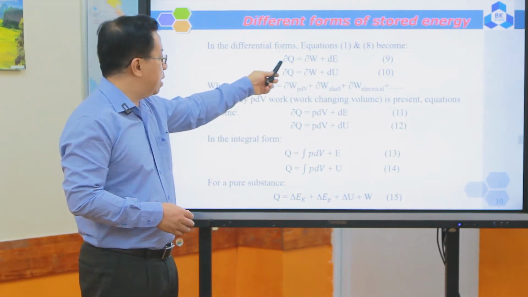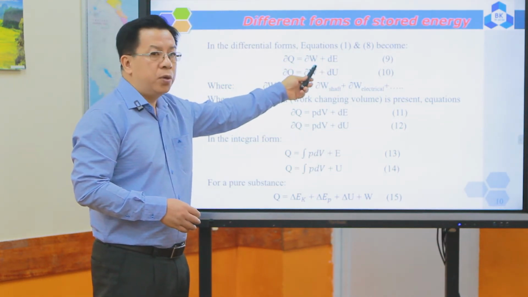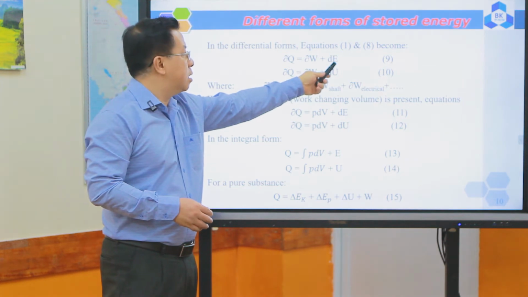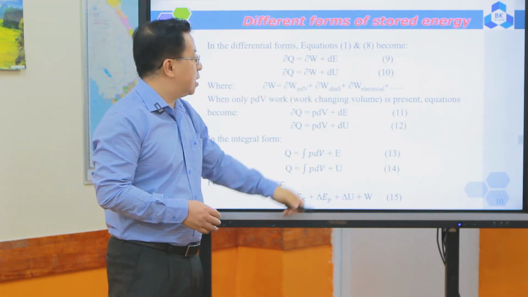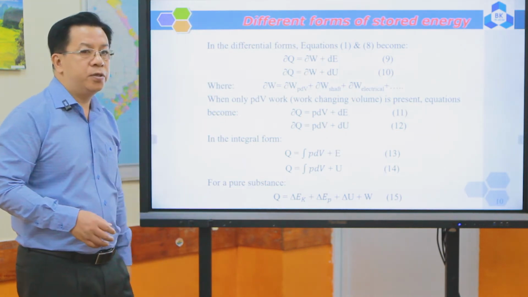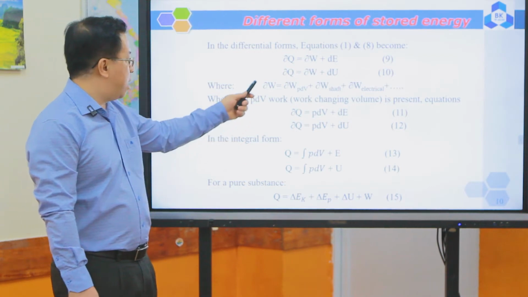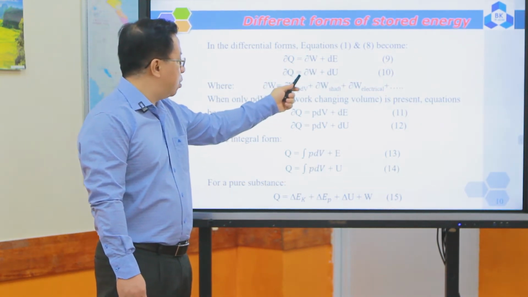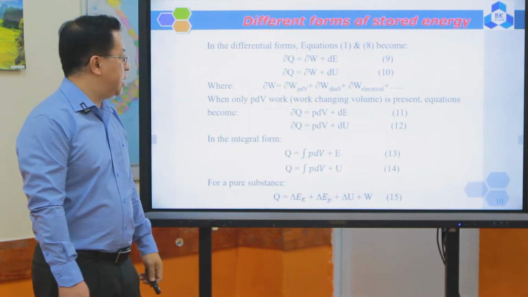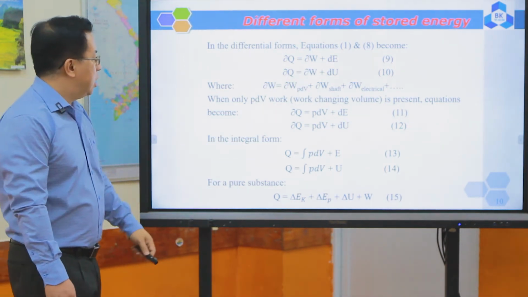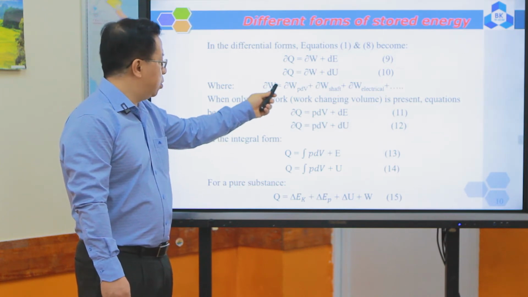So we only write delta Q and delta W, while E is a state of energy, so we write dE in the differential form. And in equation 8, we have delta Q equal to delta W plus dU.